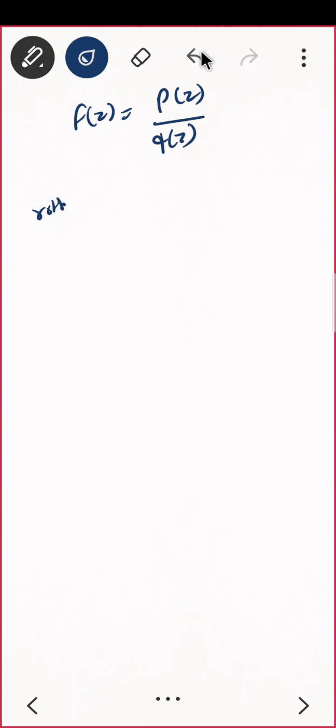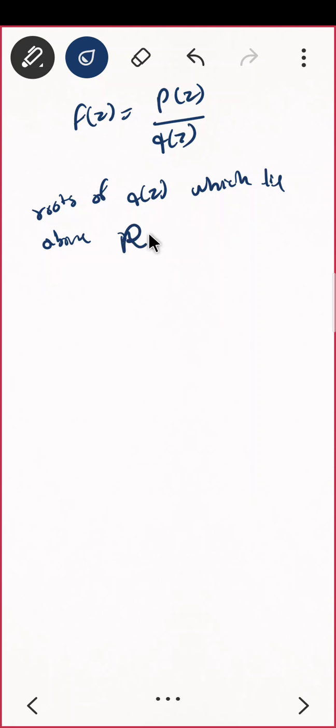So we are going to write f of z as p of z upon q of z, and the roots of q of z which lie above the x-axis or real axis, name them as z1, z2, and say zn.